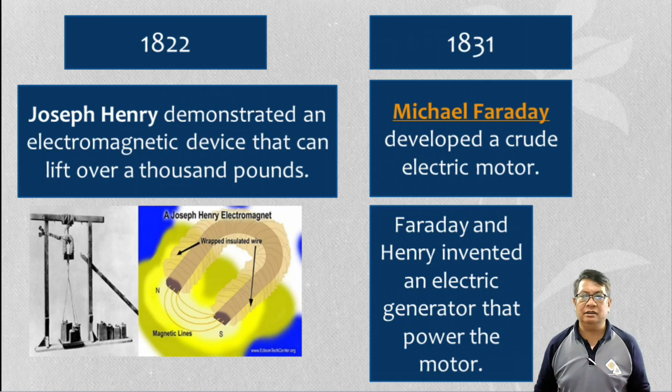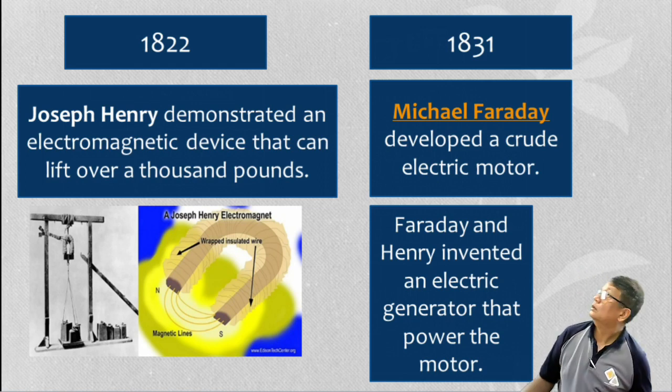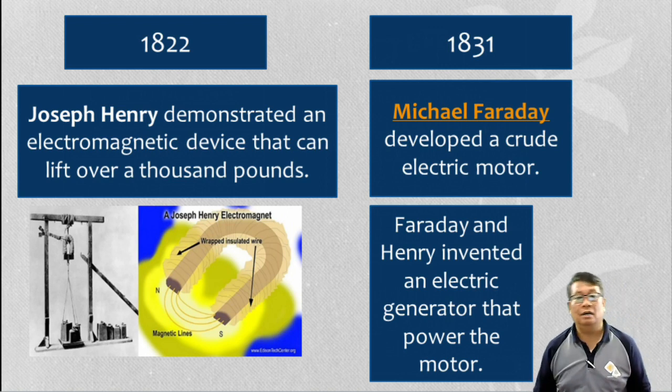Okay, in 1831, we have Michael Faraday, and he was able to develop a crude electric motor. So Michael Faraday produced a machine that, using electricity, will rotate.